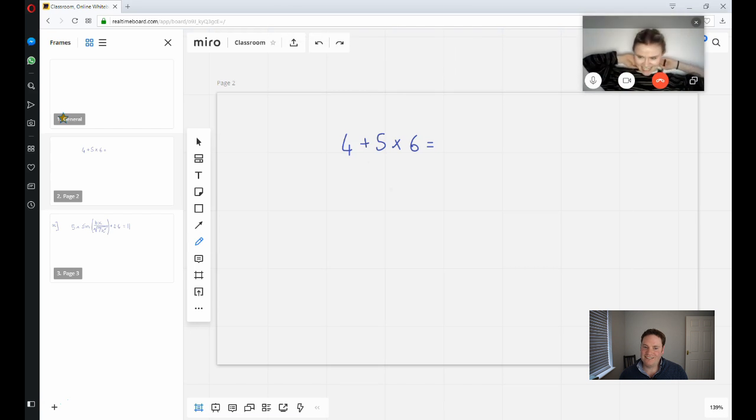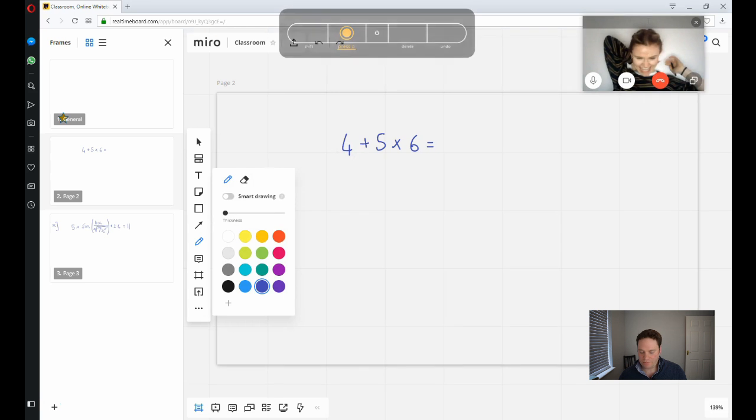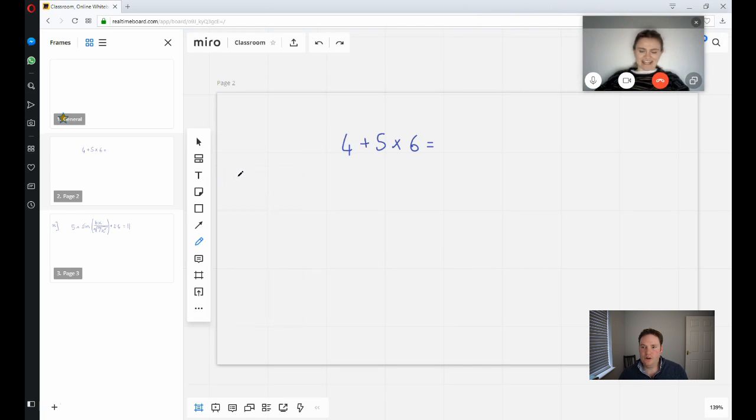I wrote it in an order to deliberately trip you up, because normally you would do things in order, the first one and the second one, etc. However, in maths, when you're rearranging things, it can come from any angle. We have to have a different system that's not order related, and you might remember this: BODMAS.